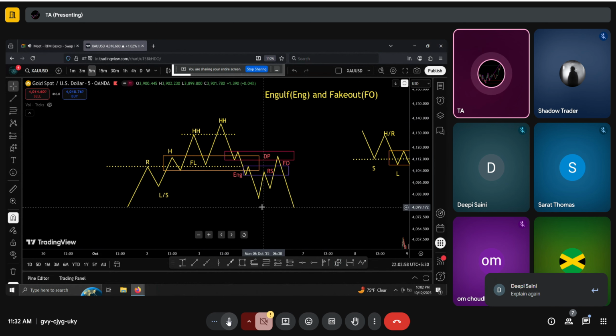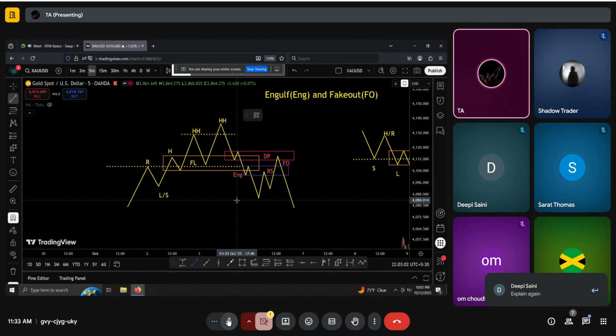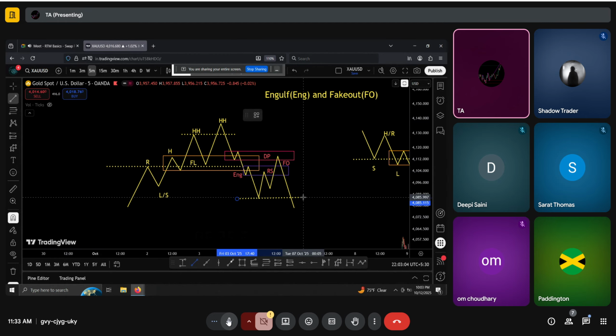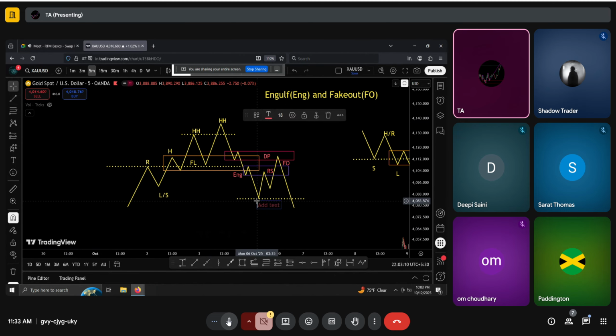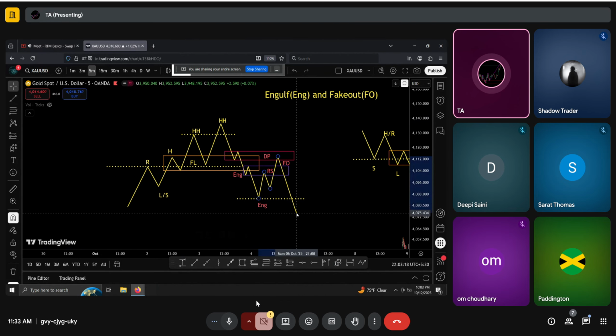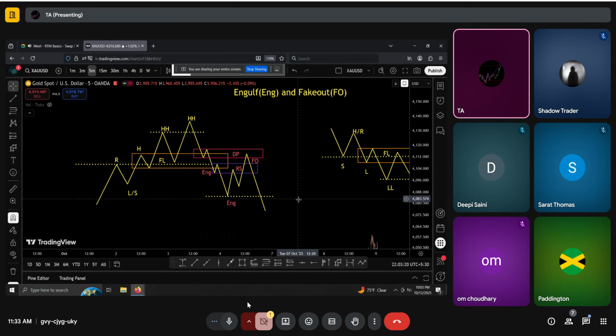When it comes down, what happens here? It engulfs this level. Engulfing this level or not? Yes, this is engulf again. When price crosses this level to the downside, this is engulf again.